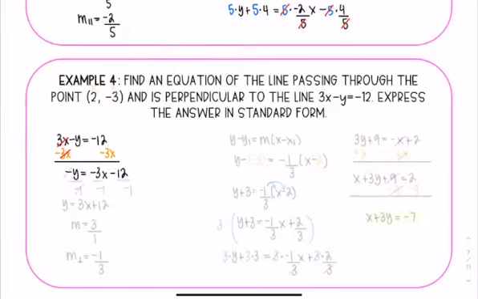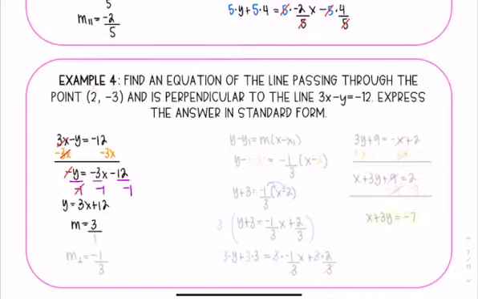And to get y by itself, we're just going to divide everything by negative 1. So we get y equals 3x plus 12. And so the slope of this line is 3 over 1.